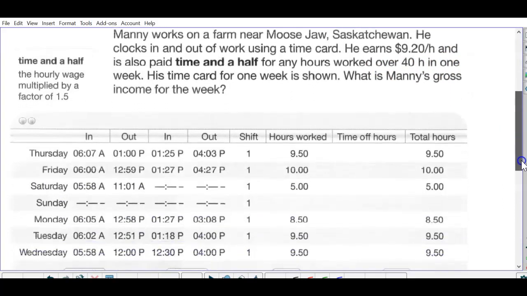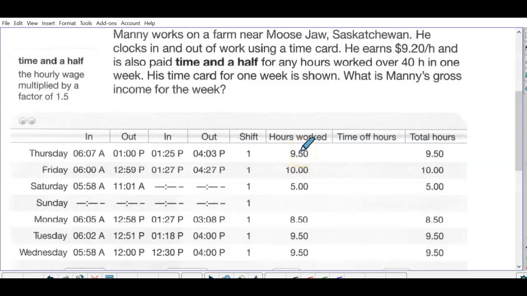Taking a look here, and again, remember this is a few years ago, $9.20 is below minimum, so likely not going to happen. He clocked in at 6:07, out at 1 p.m., in at 1:25, out at 4:03, and it usually rounds to the nearest half hour for getting paid.